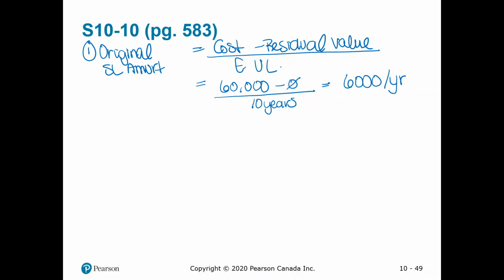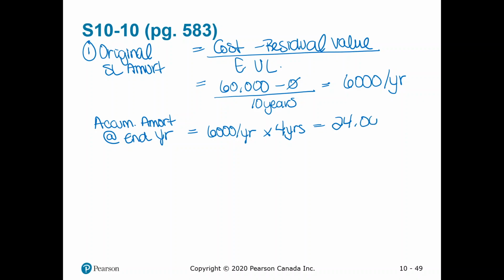It said that after using it for 4 years, that means we booked 4 years' worth of amortization. So we can figure out that our accumulated amortization at the end of year 4 is equal to our $6,000 per year times 4 years. So at that point, it's sitting at $24,000. That's our accumulated amortization.